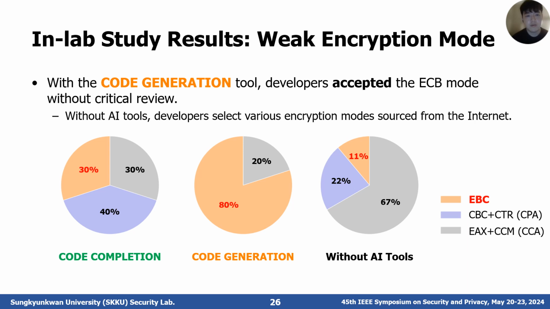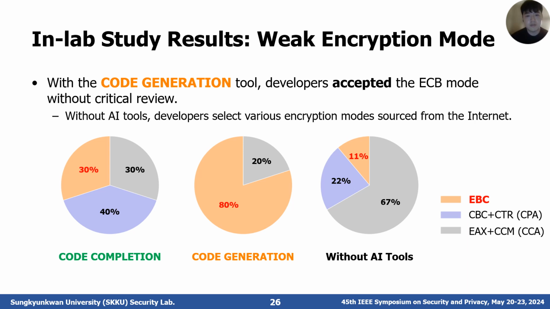Here are specific results about the weak encryption mode. We know that ECB mode is a weak encryption mode that should not be used in the code. However, this result shows that most developers just accepted the ECB mode when using the code generation tool.